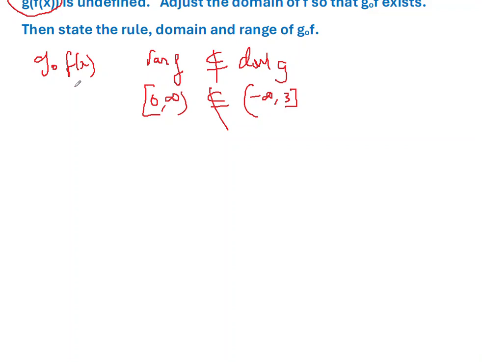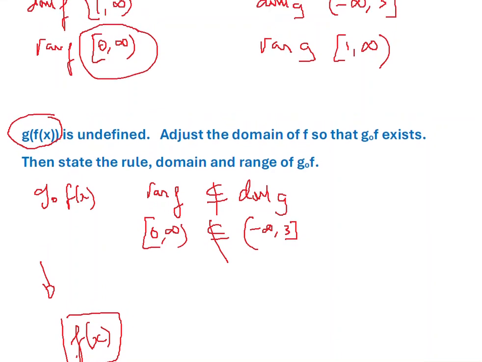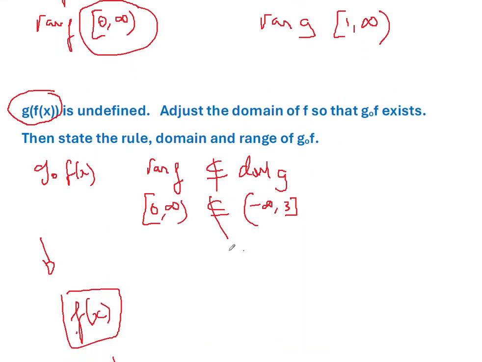It's going through f first. So here is my f of x. It will come out of f of x and it will then go through g of x. So my x value goes in here. What comes out then becomes the input for g, and this is what comes out as my end result. So from what I've got above, for my f's, I've got 1 to infinity, 0 to infinity.